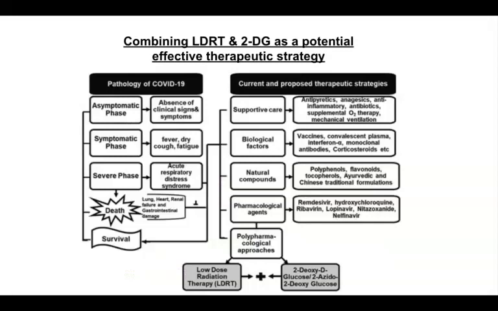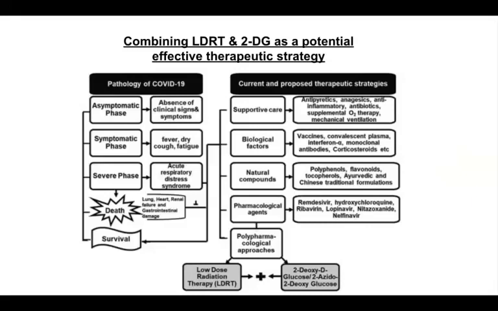And this is also an area that's being explored apart from the plethora of other available strategies, which include supportive care, biologics, natural compounds, pharmacological agents, and 2-deoxy-glucose alone itself, or its pro-drug versions which are being studied.